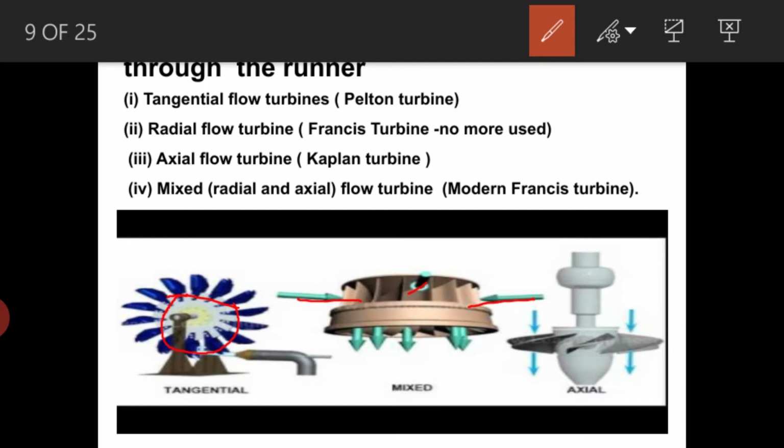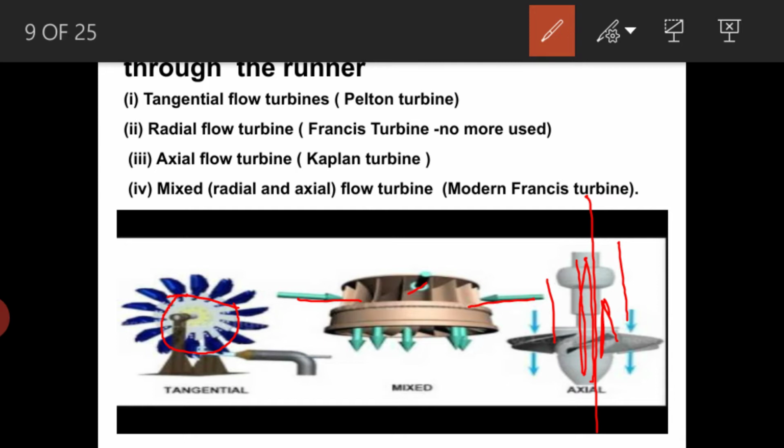In an axial flow turbine, that is this figure, water flows through the runner along the direction parallel to the axis of rotation. This is the shaft, and this is the axis of the shaft. The water is flowing parallel to the axis of the shaft. The Kaplan turbine is an example of an axial flow turbine.